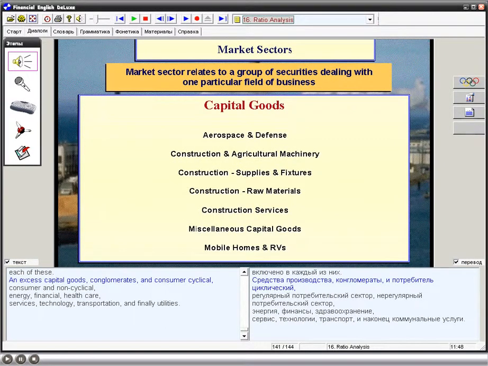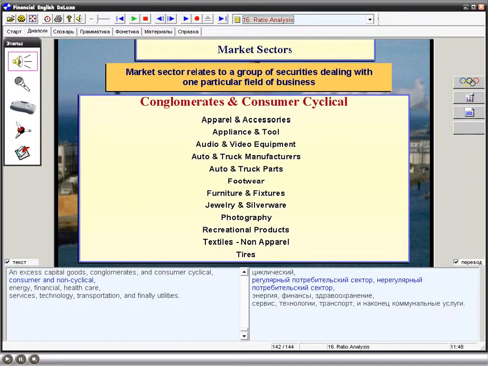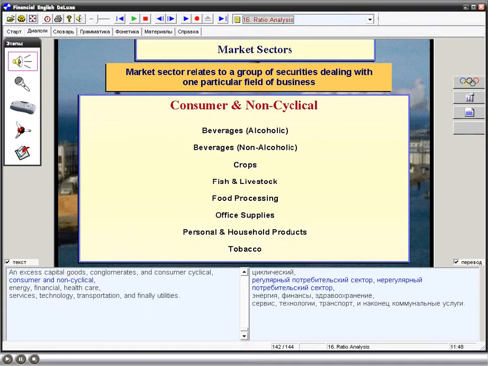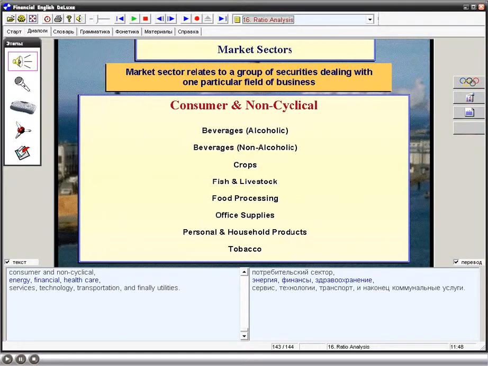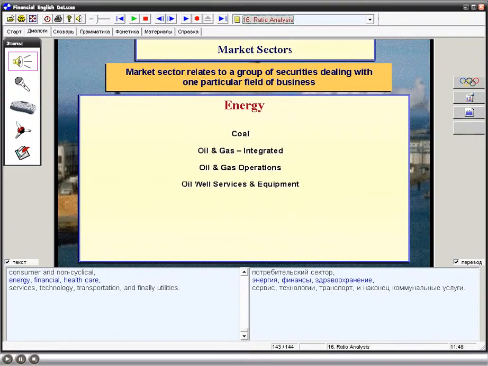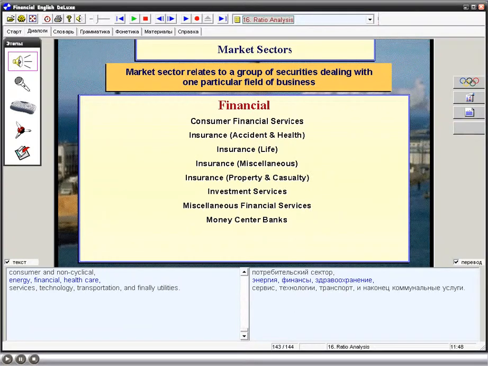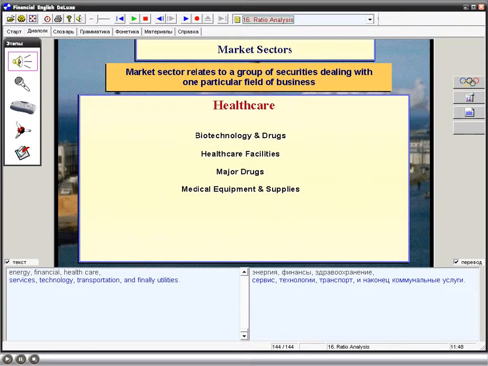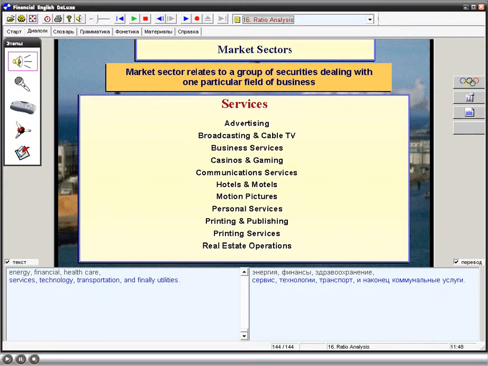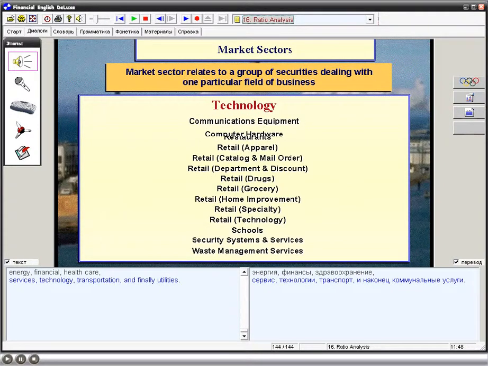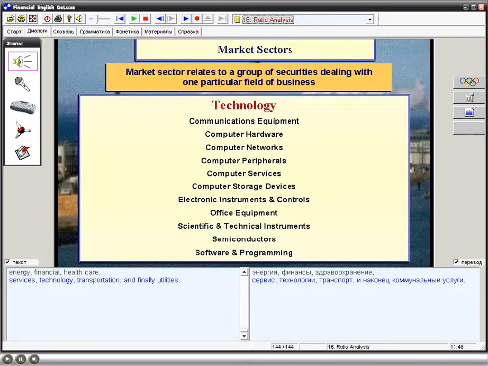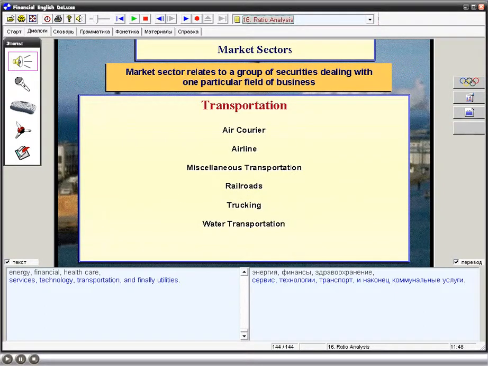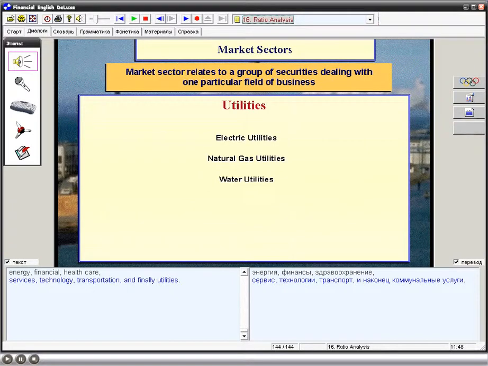The next is capital goods, conglomerates and consumer cyclical, consumer and non-cyclical, energy, financial, healthcare, services, technology, transportation, and finally utilities.